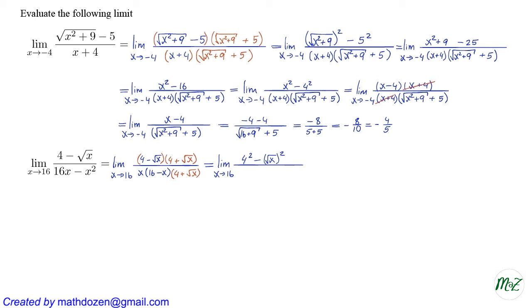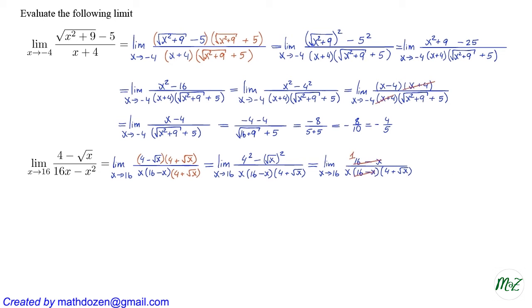So in numerator, we're going to get 4 squared minus the square root of x squared. Denominator is going to stay exactly the same. And so then, simplifying numerator, we get 16 minus x. And denominator is x times 16 minus x times the 4 plus square root of x.